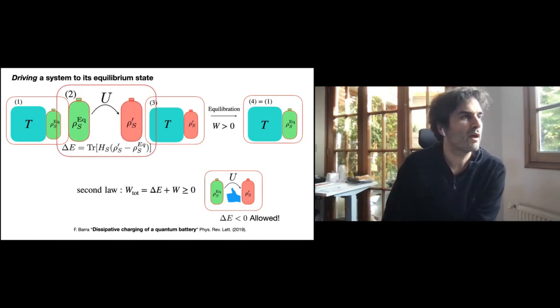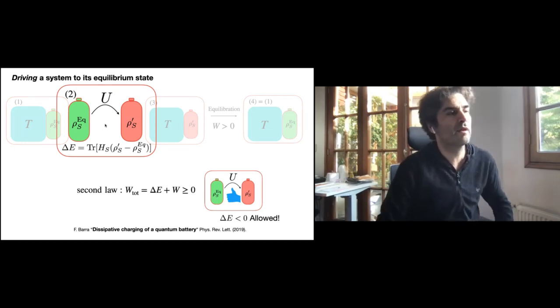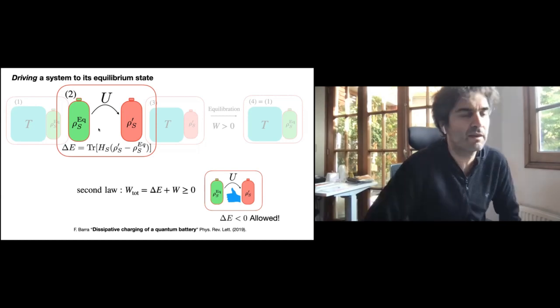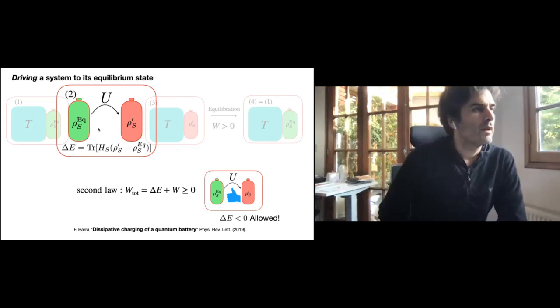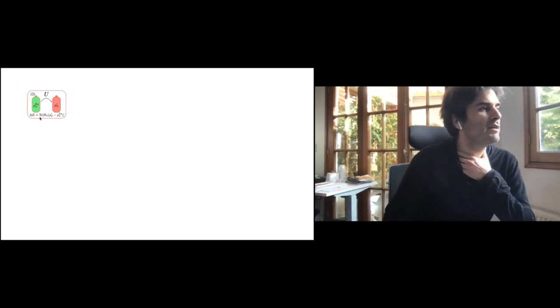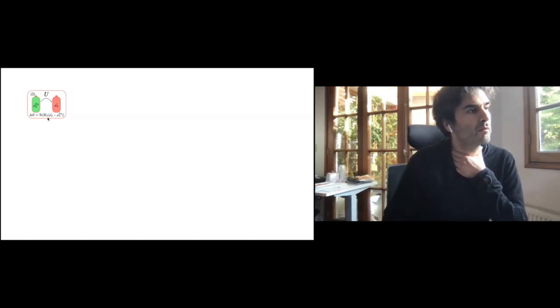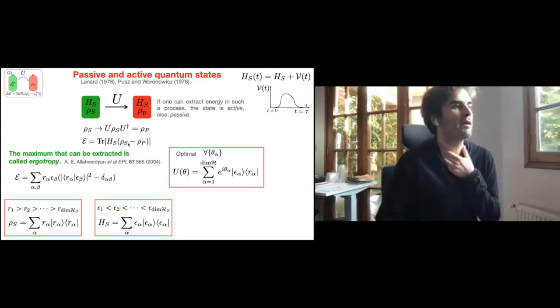So now I want to focus on this step 2, which is the way that we characterize the charge of the battery. As I said, delta E was the energy change, but now we will focus on the extracted energy, which is defined with the opposite sign.